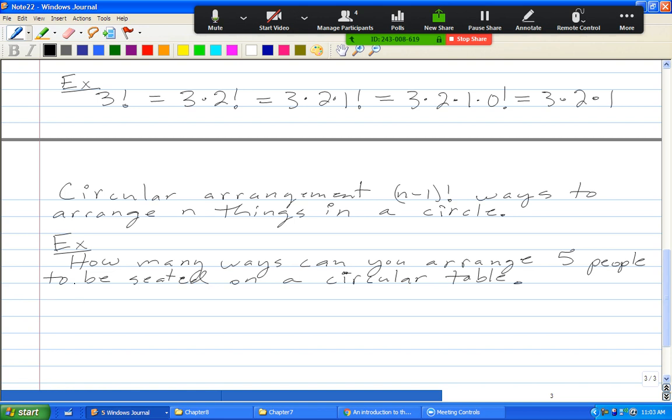Well, it would just be 5 minus 1, 4 factorial. 4 times 3 times 2 times 1, 24. So there are 24 ways of arranging the seating for 5 people on a circular table.